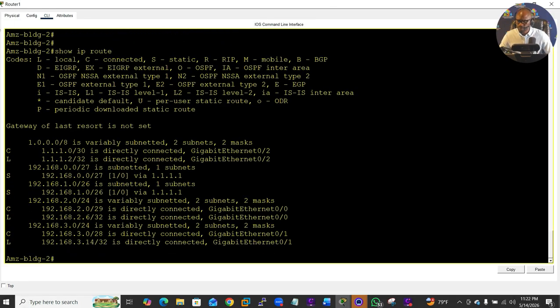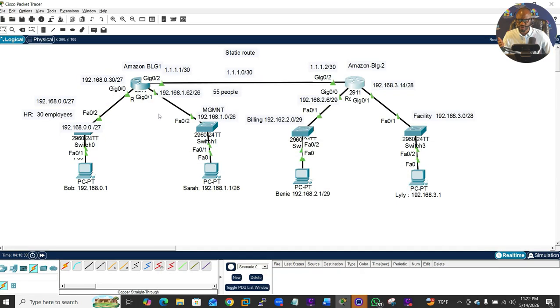Now we should also have 2 S's. The first S is pointing us to building 1's network 192.168.0.0/27 and also building 1's network 192.168.1.0/26.